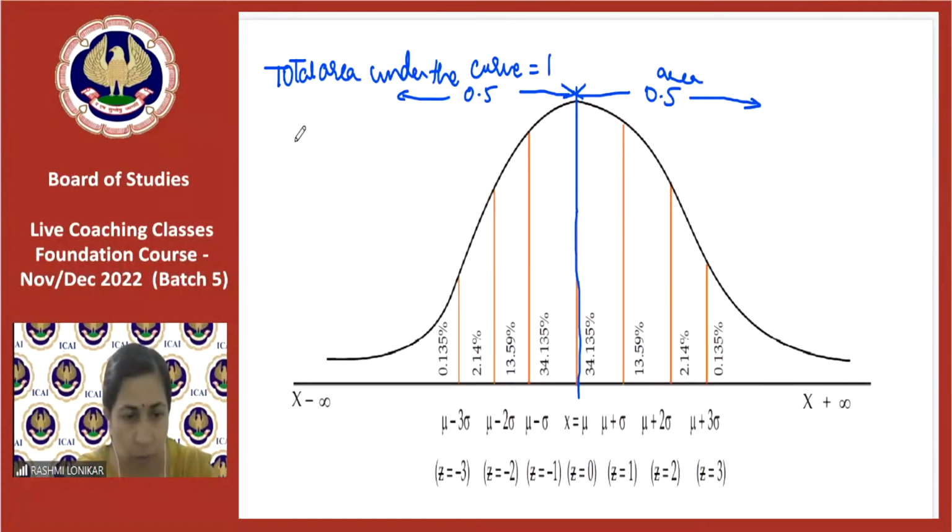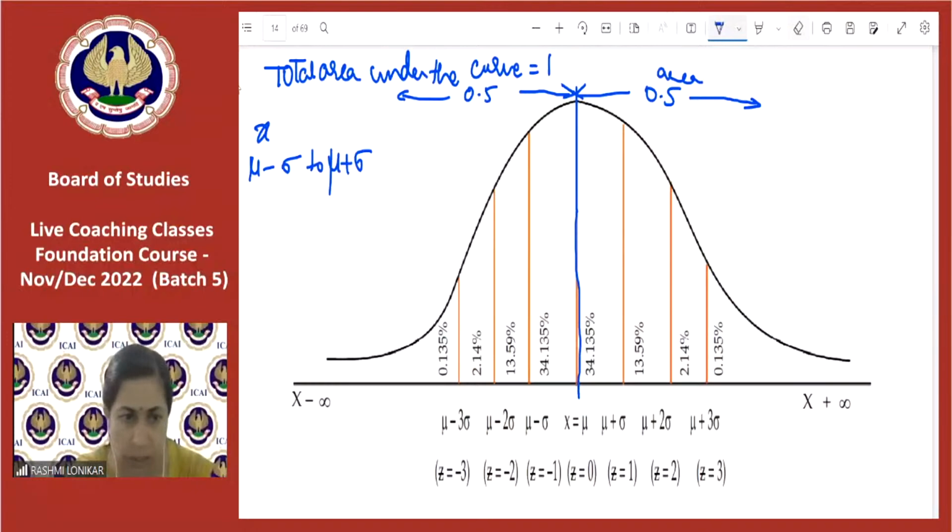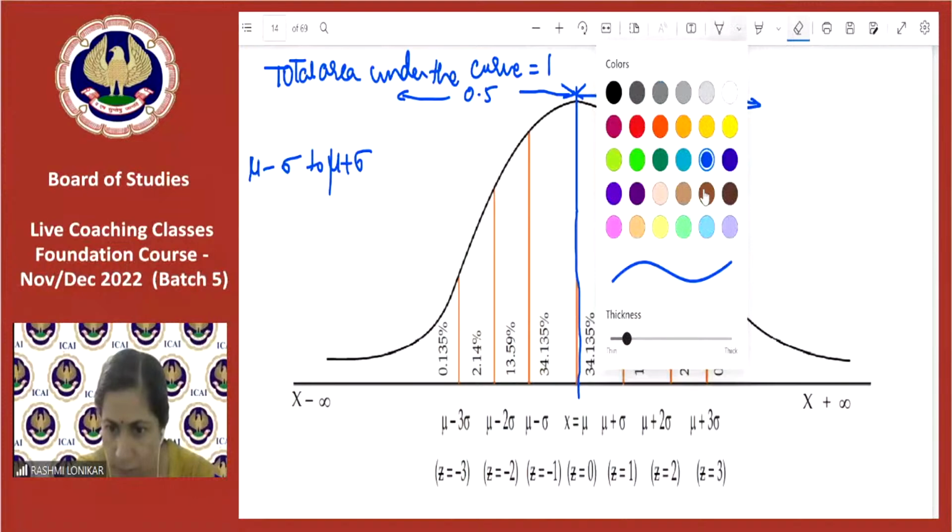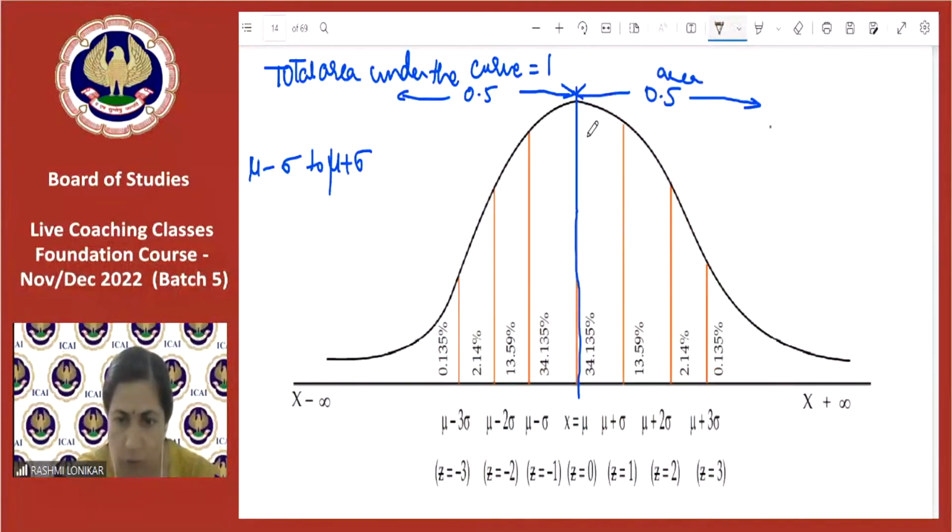If I move from mu minus sigma to mu plus sigma, what is the area that is being covered? Let me change the color. I'm moving from here to here, because this is mu minus sigma and this is mu plus sigma.